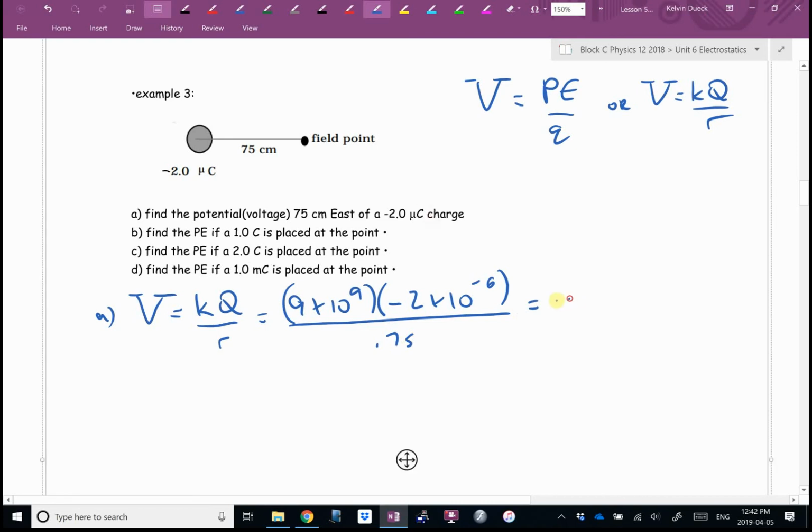So the answer is definitely going to be negative. 9 times 2 is 18, divided by 3/4. That's going to be 18 divided by 3 is 6 times 4. It's going to start with a 24. Pretty sure. 24,000, I think, yeah? Negative 24,000. Units, you could say joules per coulomb, but we have defined that as a volt.